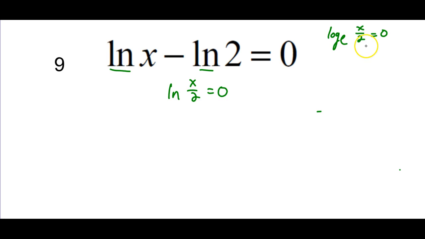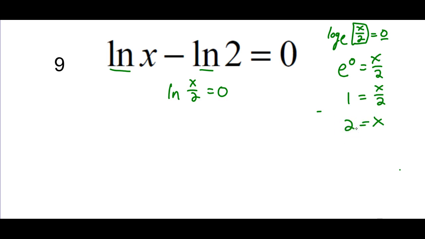So if you're rewriting it in exponential form, you say, hey, that's e raised to the power of 0 is equal to x over 2. And e to the 0 is the same thing as 1, and so we have x is equal to 2.